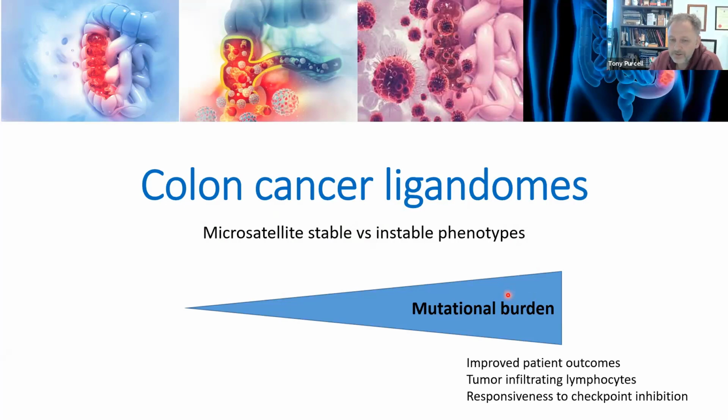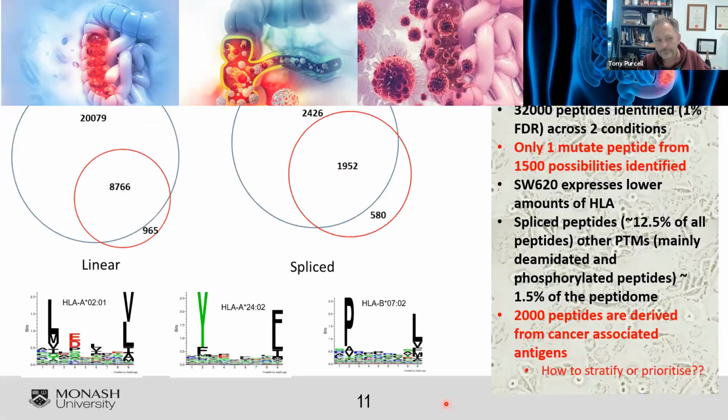And somewhat paradoxically, these unstable phenotypes, which sound worse, actually aren't so bad if you're the patient, because this high mutational burden leads to improved patient outcomes, the infiltration of the tumors by tumor infiltrating lymphocytes, and the subsequent responsiveness to checkpoint inhibition.